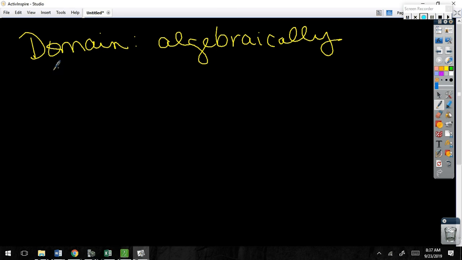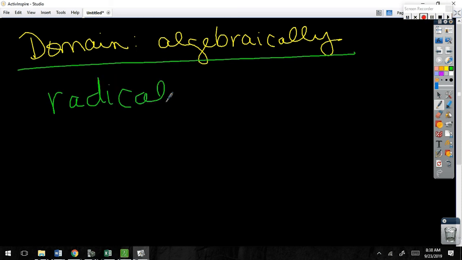So there are times when our domain is restricted based on the function that we have. There are two main things you're going to look for, because remember domain is x, so we're looking at what x can't be. We're looking for radicals, and we will expand this as we move on.